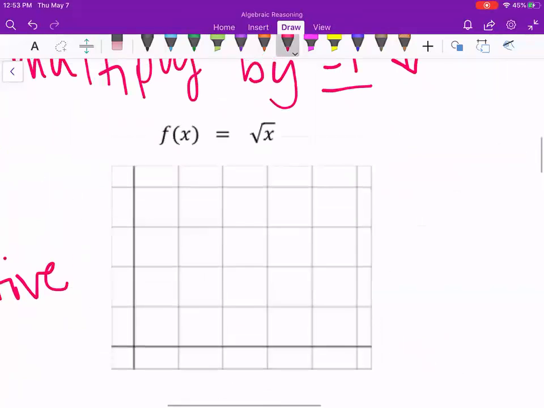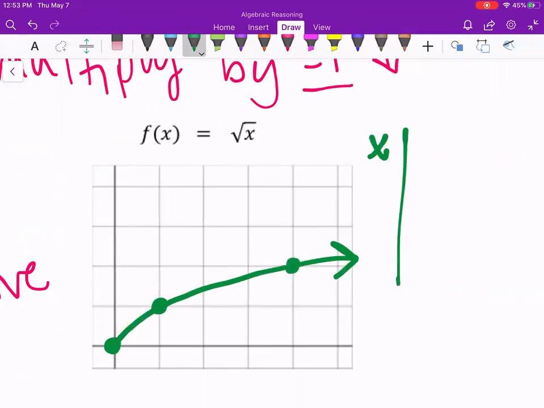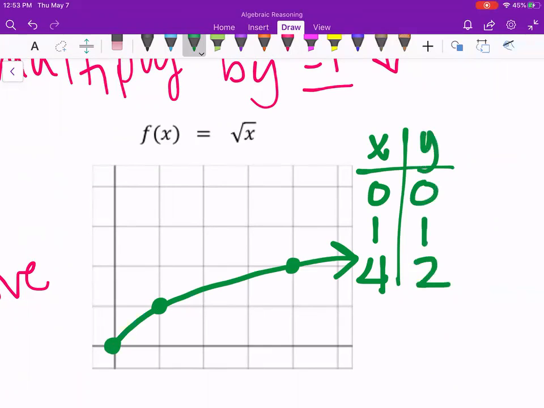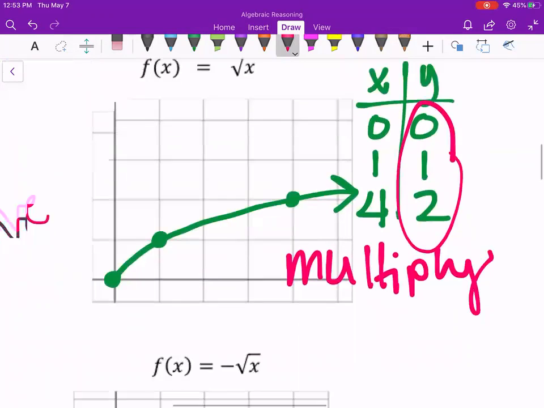Now, when it comes to graphing these, the same thing is going to happen with our table of values. We'll start with our original points that we saw just like in the last video. So our X and our Y, we had 0, 1, and 4, and 0, 1, and 2 for the Y's. And again, we're going to multiply only the Y numbers by what the A is.